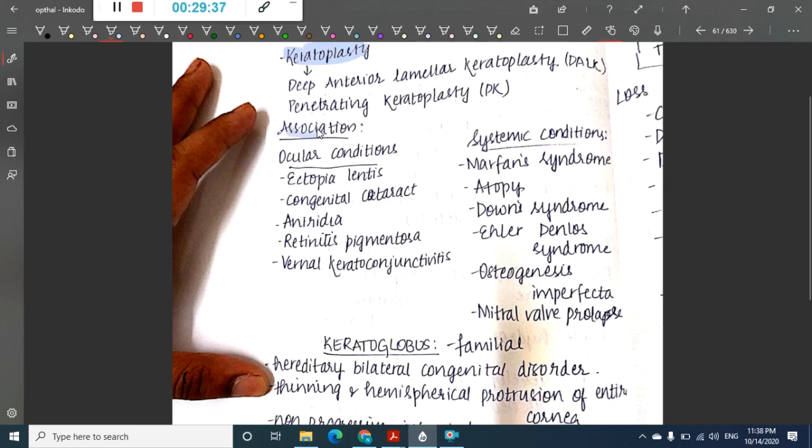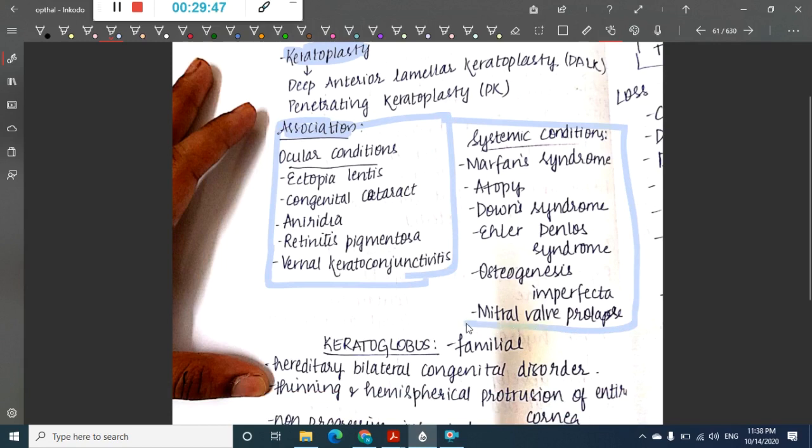Then what about the associations? The things associated with keratoconus can be divided into two types: ocular conditions and systemic conditions. Ocular conditions include ectopia lentis, congenital cataract, aniridia, retinitis pigmentosa, vernal keratoconjunctivitis.